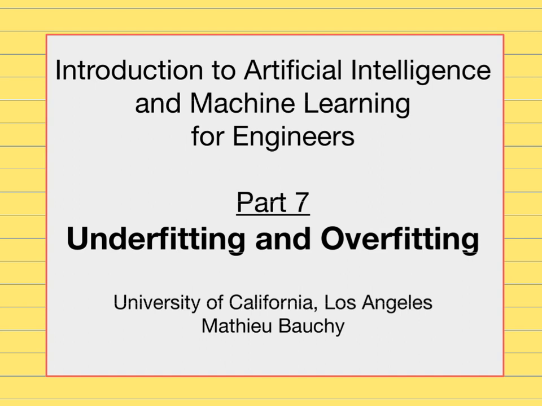So today we are going to talk more about machine learning. We are still talking about machine learning, specifically supervised machine learning. This is when you have some data for which you have both the feature and the label, so both the input and the output, and your goal is to predict the output as a function of the input.